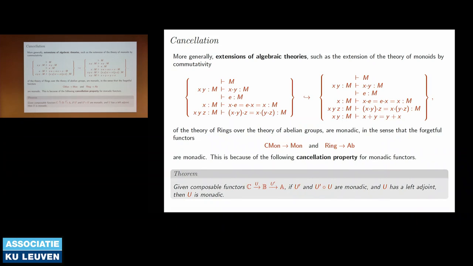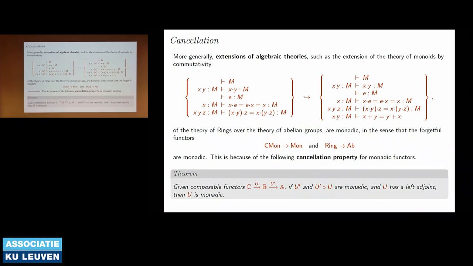And another example is rings over abelian groups. And why is that? That's simply by this cancellation property. If we have two composable functors where the second one is monadic and the first one has a left adjoint and the composite is also monadic, then the first functor is also monadic.